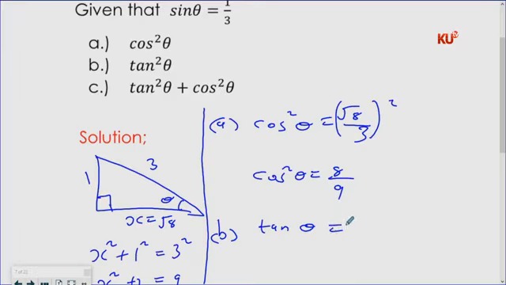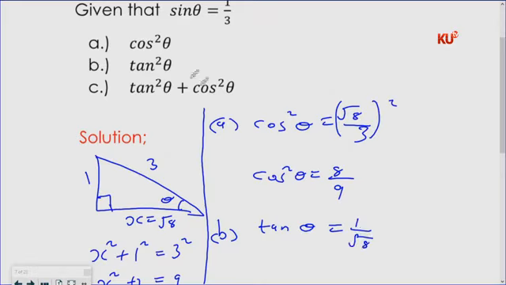Tan. SOHCAHTOA, Form 2. Tan, we said, is equal to the opposite side to this angle, which is this one here, 1, over the adjacent side to this angle, which is our root 8.